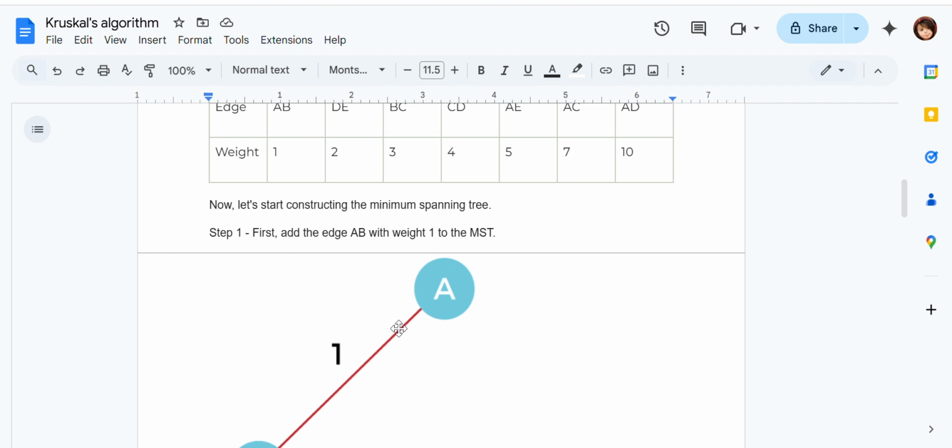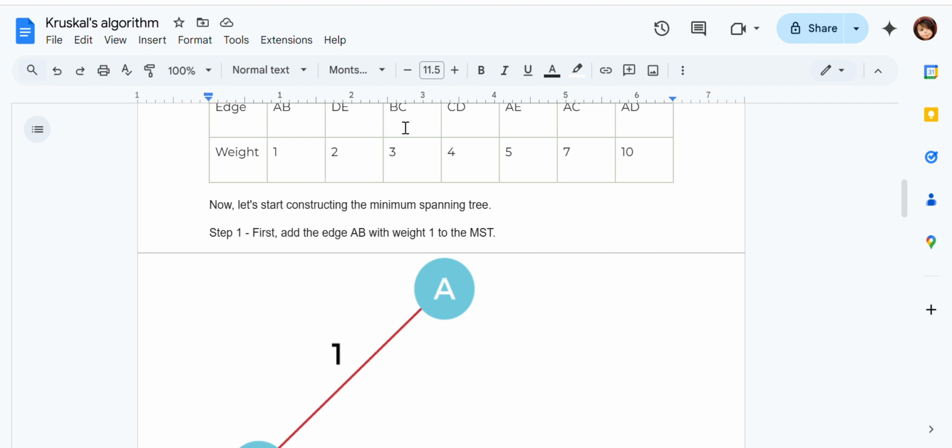If there is no cycle, please include that edge in the graph. If it forms a cycle, please ignore it. So the idea is you take an edge and add it to the minimum spanning tree along with its weight. If that edge creates a cycle, ignore it and go to the next edge and try with that.